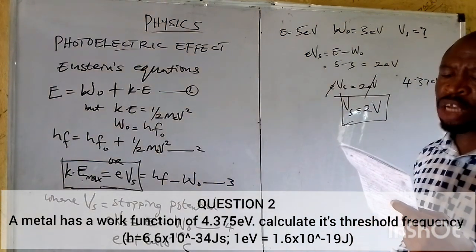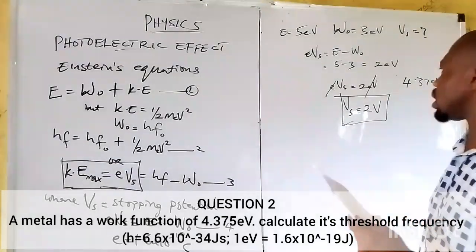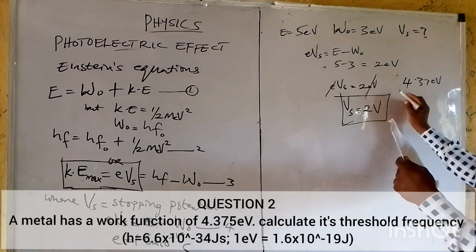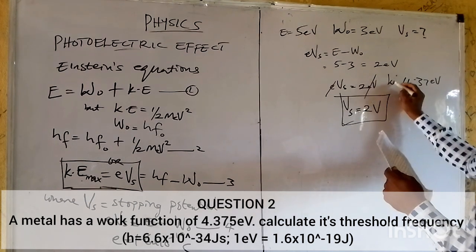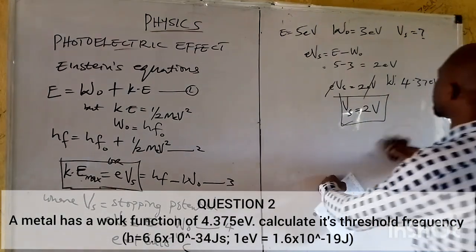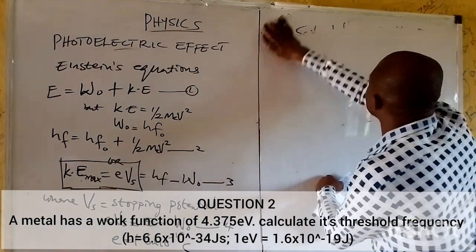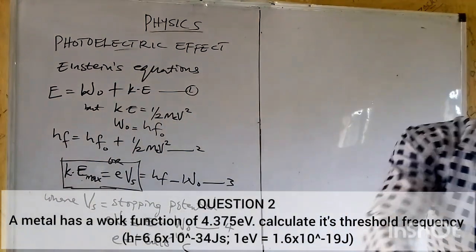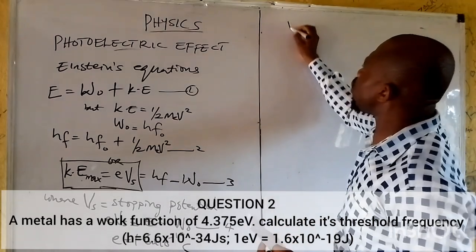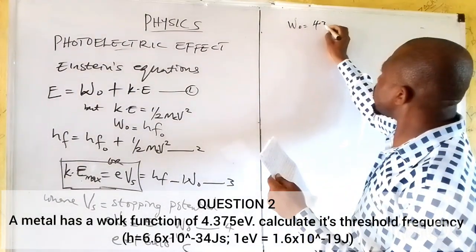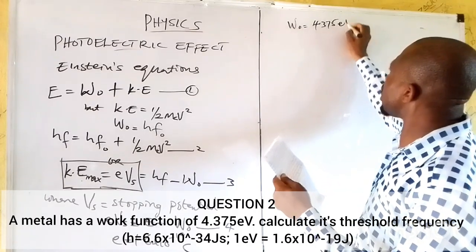Calculate its threshold frequency. So let me clean up the board. From here we have that the work function is given as 4.375 electron volts.